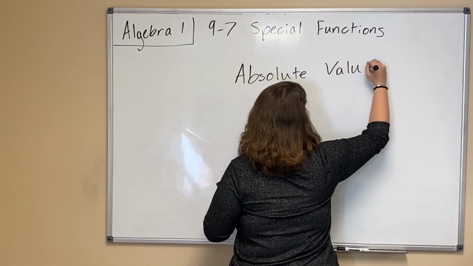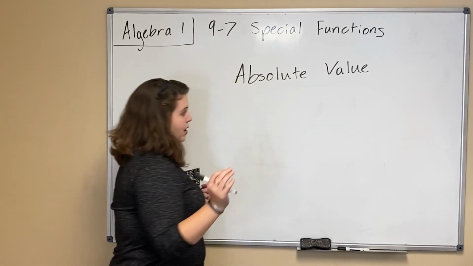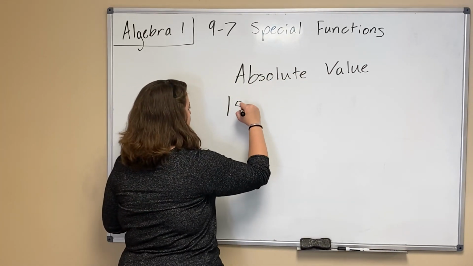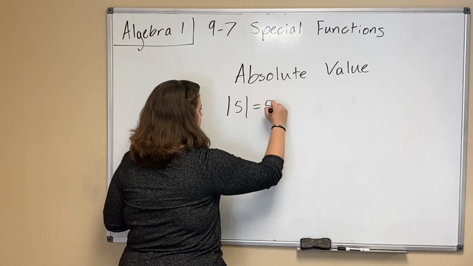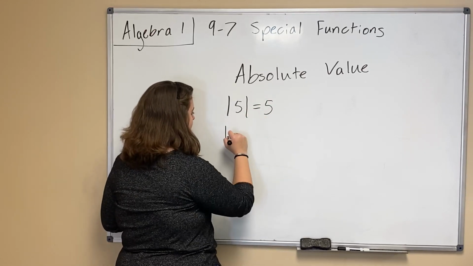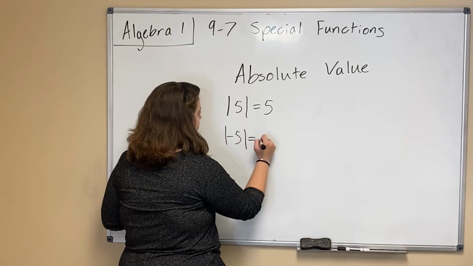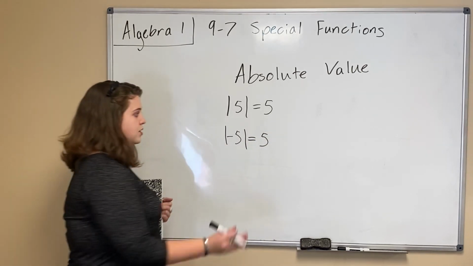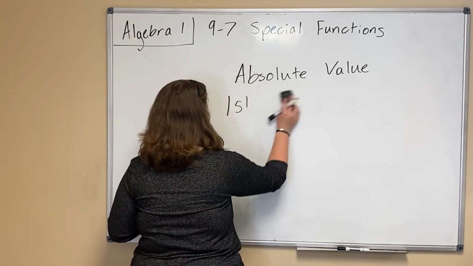So absolute values are always positive. In other words, the absolute value of 5 equals 5, but the absolute value of -5 also equals 5. It's just the distance from 0, and it's always a positive number.